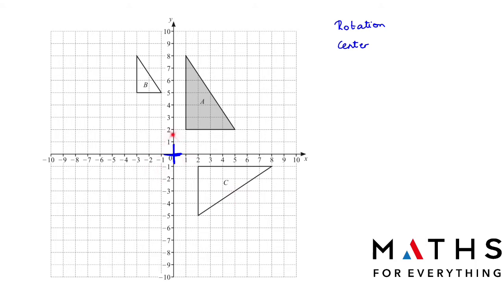And when you make one complete rotation, see if this falls on this. When you do that, you will see that the triangle A will fall on triangle C. That means your center is 0, 0. And you rotated it once only, that is 90 degrees. And because you rotated clockwise, so this is our answer.